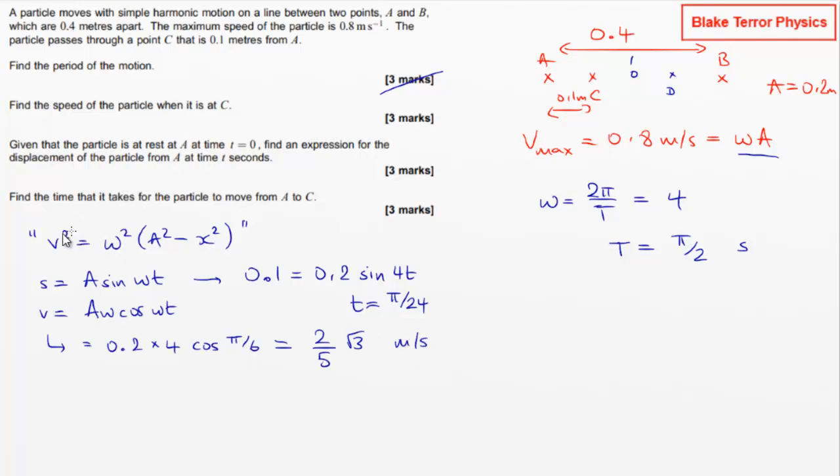Of course, if we just stuck this straight into the equation at the top, we would have had omega squared, which is 16. Then we've got to multiply by various horrible numbers that are coming out of this. So we've got A, what was A again? 0.2, so 0.04 minus 0.01, and you can see where the square root of 3 is now coming into all of this.